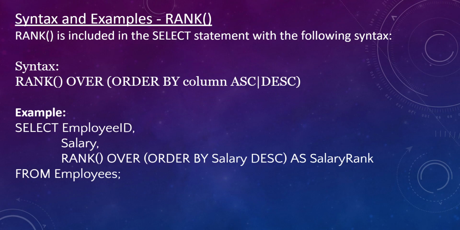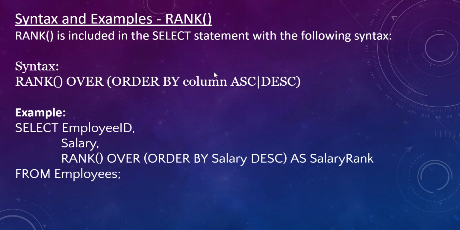Now, to understand the rank function, it is essential to first understand the syntax. Rank is included in the select statement with the following syntax: RANK() OVER (ORDER BY column name ASC or DESC), where ASC is for ascending and DESC for descending.